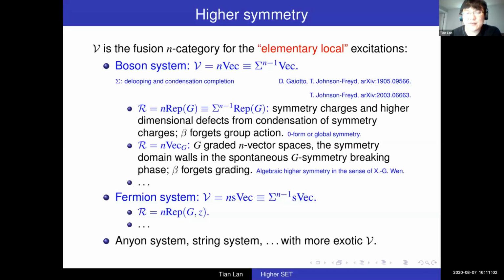Physically, it is the symmetry domain walls in a spontaneous G-symmetry breaking phase. And it should be the dual symmetry as appeared in Xiaogang's mini course. So it is like G to the power n-1 that is dual to G. And in this case, beta just forgets the grading.